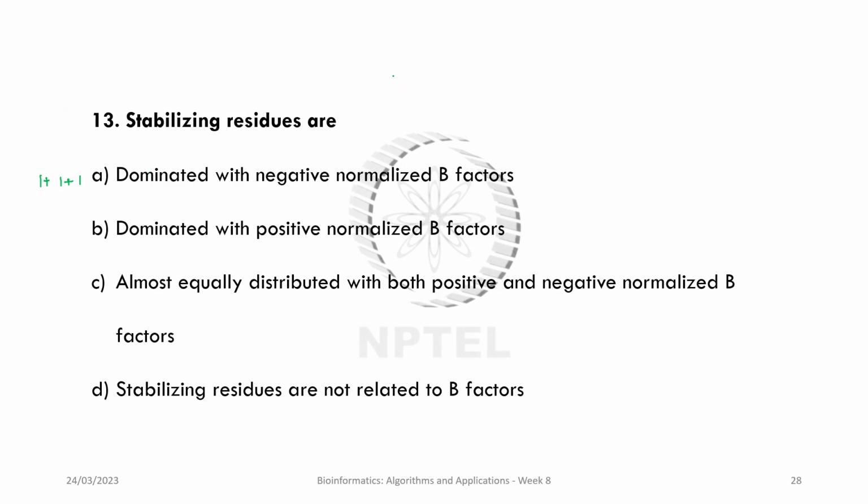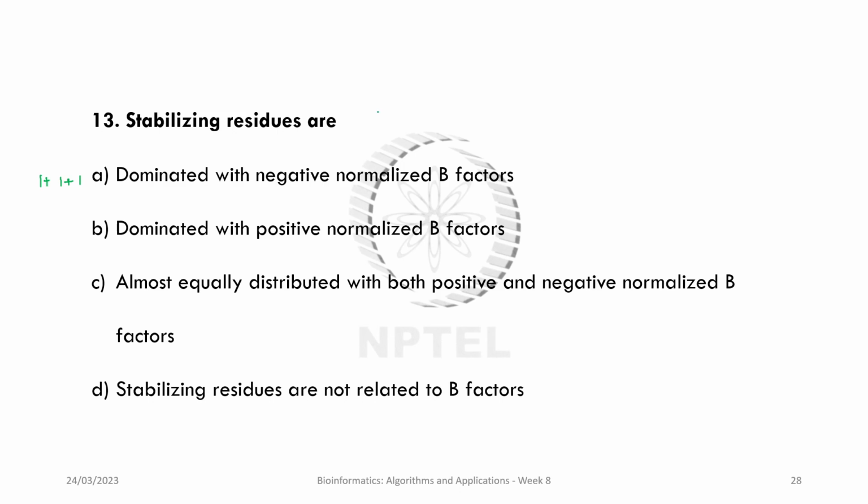Right, so stabilizing residues are generally in the core, which means they have good hydrophobicity index, and they are in interaction with residues that are far apart, which means they have good long range order. They also have conservation, right?